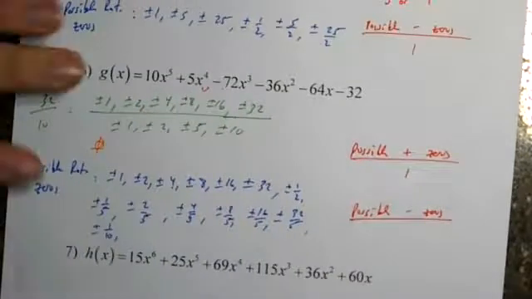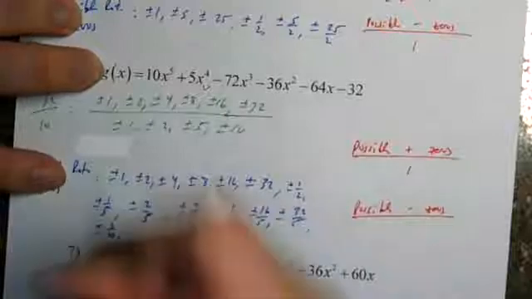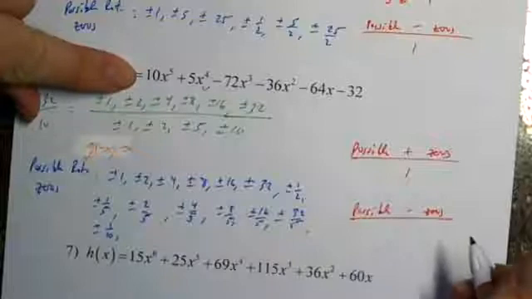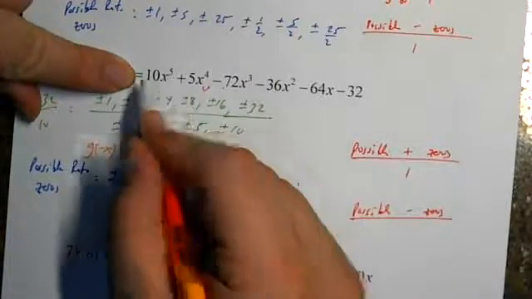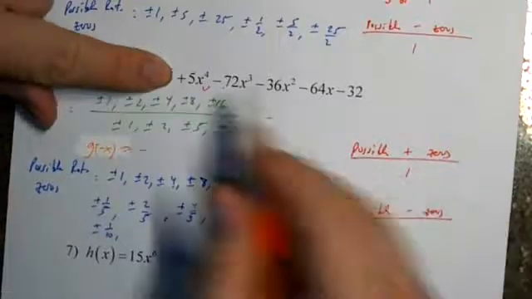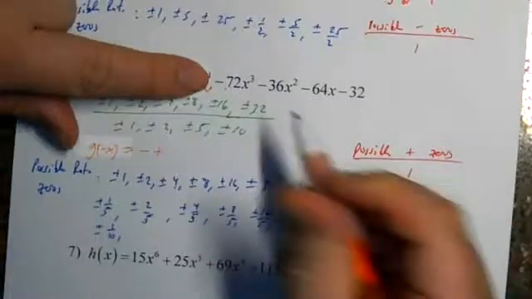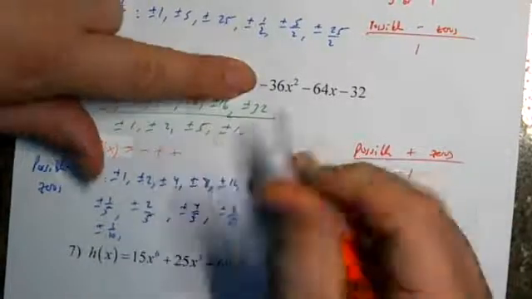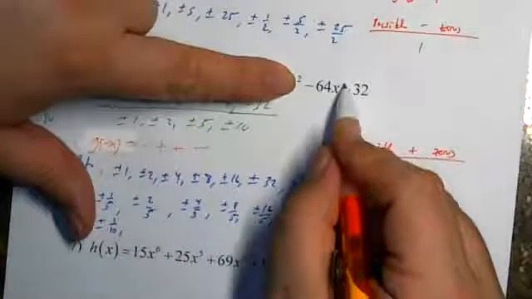If I evaluate, this isn't f of x, this is g of x. So g of negative x, if I plug in a negative x, does this one change? Yes, it does. Odd degree, so that becomes negative. Even degree, no change. Odd degree, changes. Even degree, no change. Odd degree, changes.